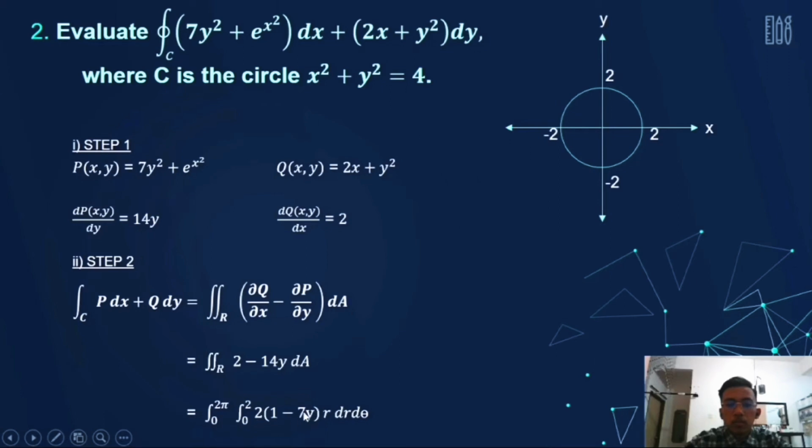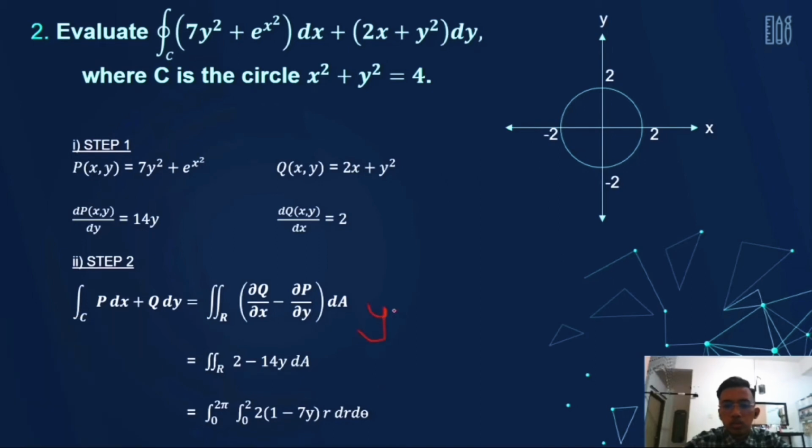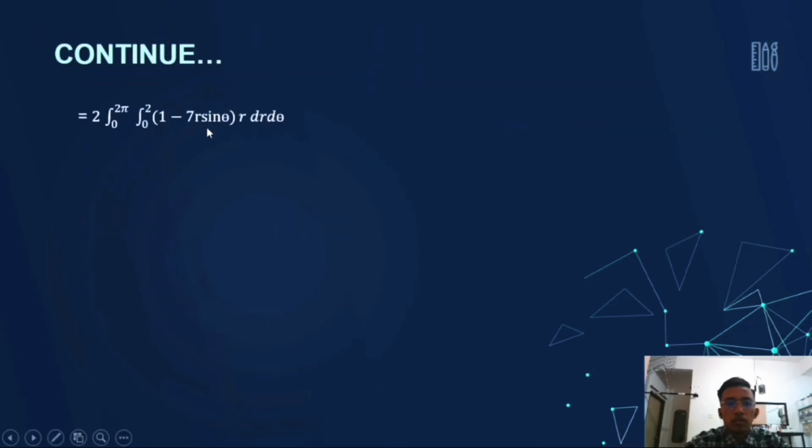From this, we know the y is still in y, so we must make it in the form of r. We know y is equal to r sine theta, and we put this in for y.